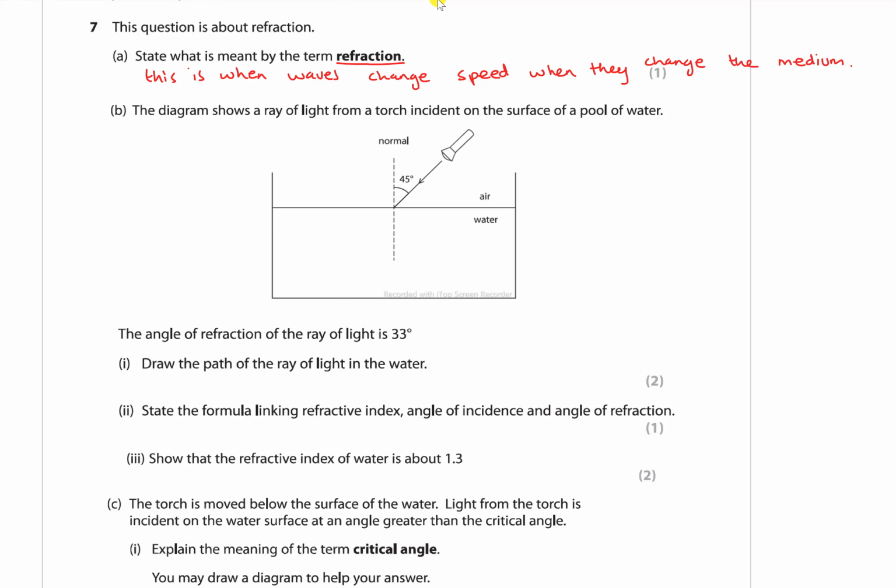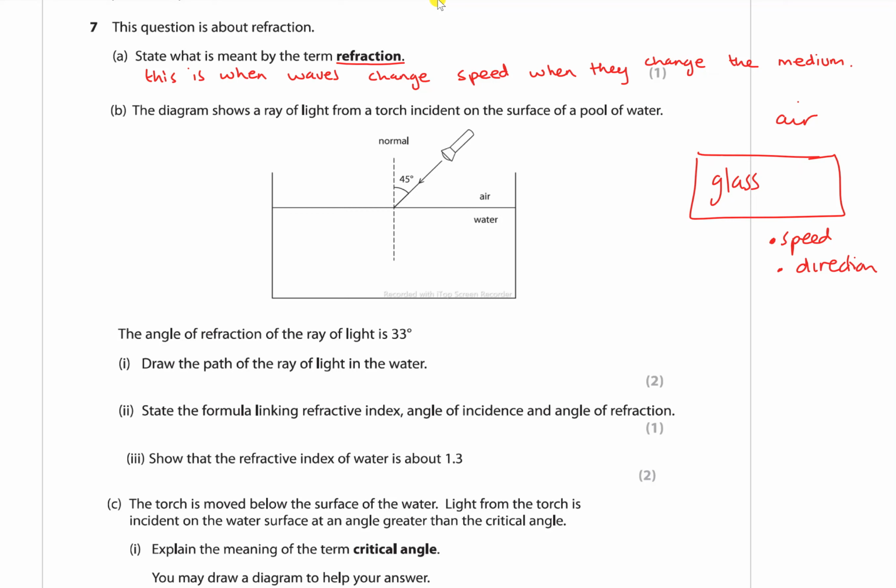So basically what they're saying is when it goes from a glass block to air, it's going to change speed and it will change direction as well. Right, the angle of refraction of the ray is 33.